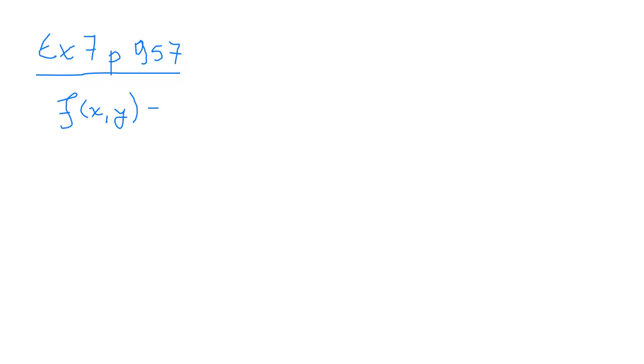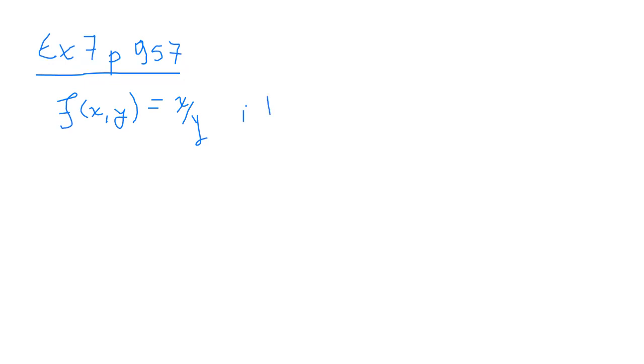So, for instance, I can start with this exercise. So this one is exercise number 7, page 957. Okay, and here we have f of x, y equal to x over y.